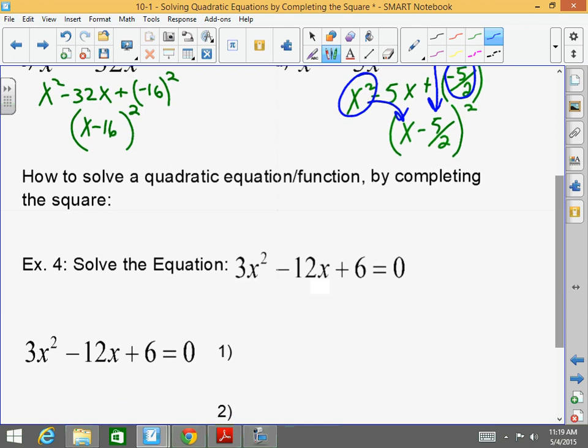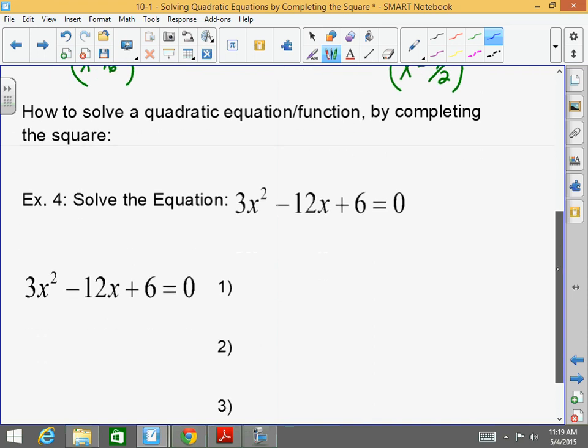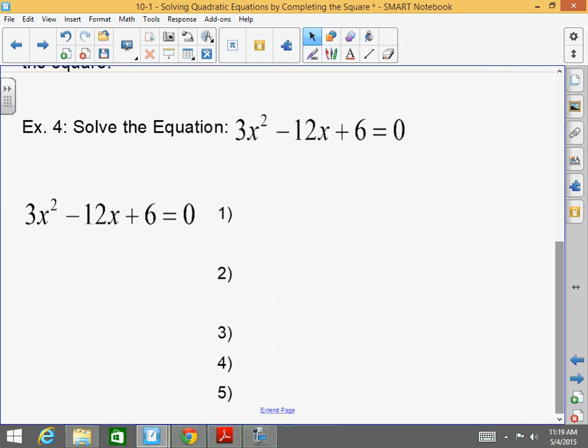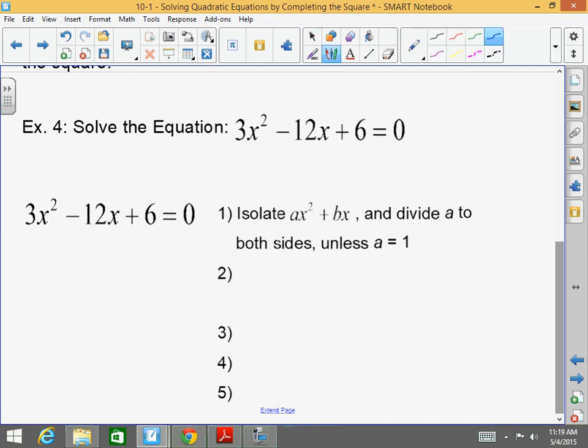Now, how do we solve a quadratic equation by completing the square? In order to do this, pay attention to the rules. Number 1, first of all, you want to isolate the ax squared plus bx and divide by a on both sides unless a is 1. You cannot complete the square with this 3 here.